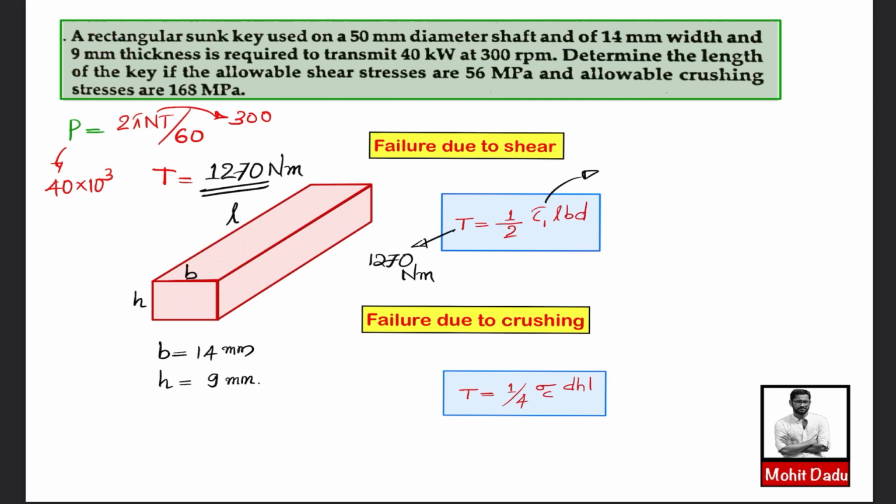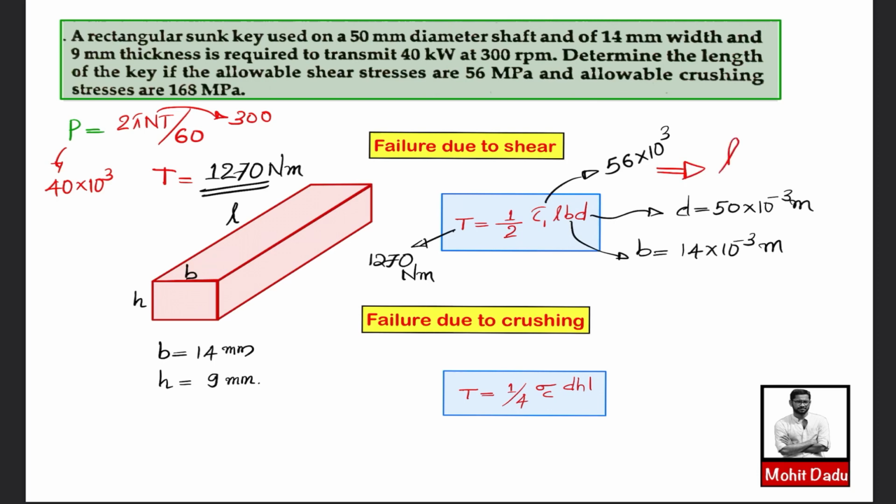On the right side, the allowable shear strength of the key material is given, which is 56 megapascal or 56 into 10 raised to 6. The length of the key you have to evaluate. B is given as 14 mm, equal to 14 into 10 raised to minus 3 meter, and the diameter of the shaft is 50 mm, so it is 50 into 10 raised to minus 3 meter. All substituted units are in SI. Then this will give the length of the key in meters, and later you can convert into mm.